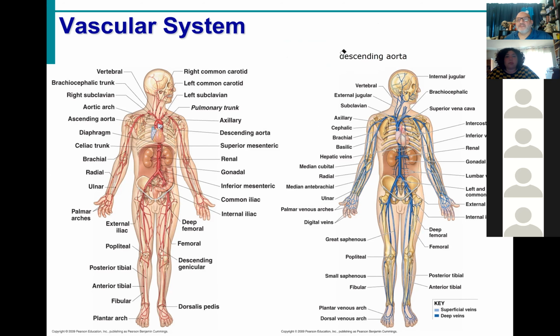The reason I like to divide the aorta up into these four distinct regions is because these four portions of the aorta are responsible for sending blood to specific parts of the body. And so when it comes to driving directions, understanding what comes off of where is very, very important.